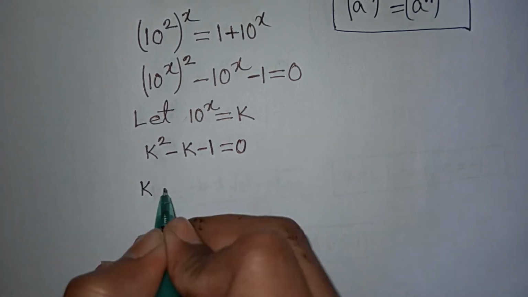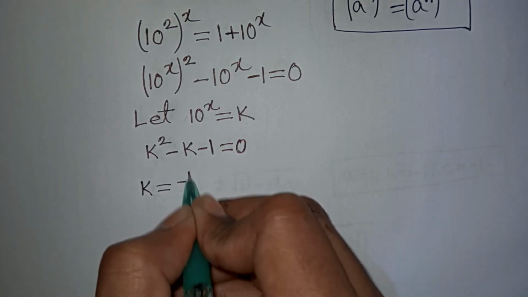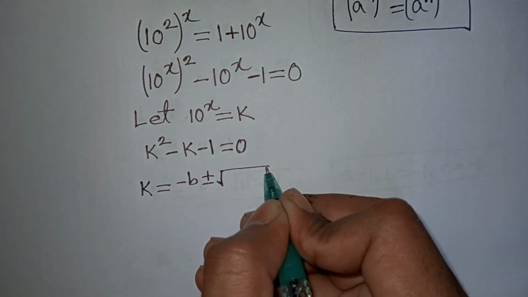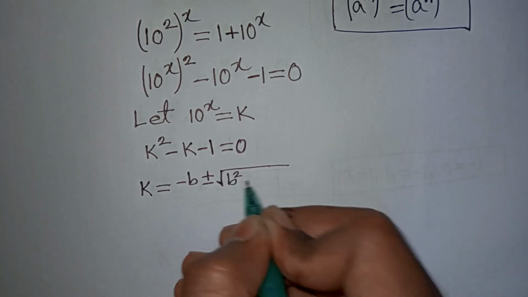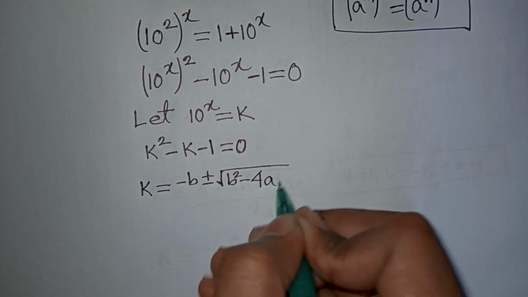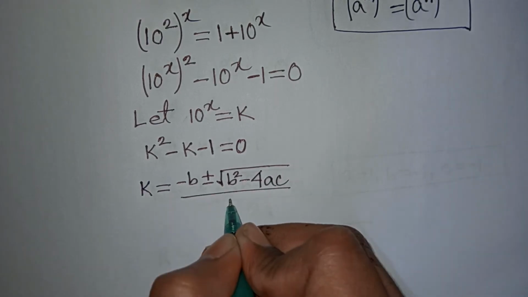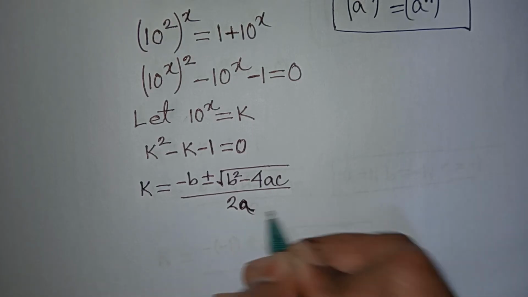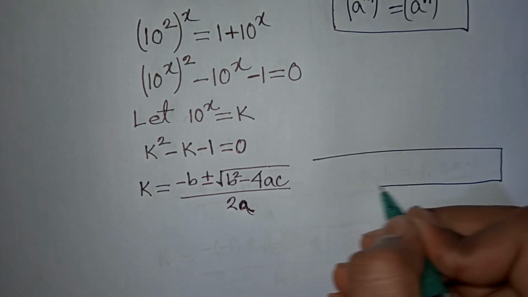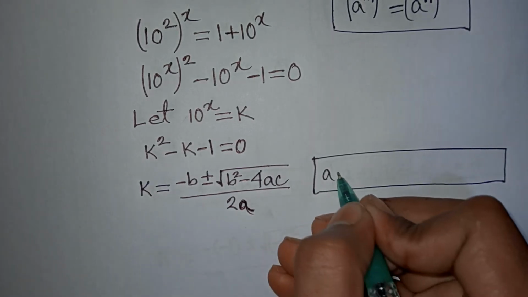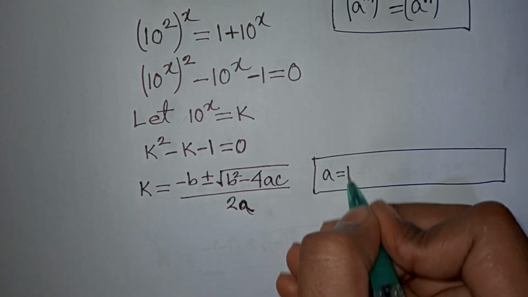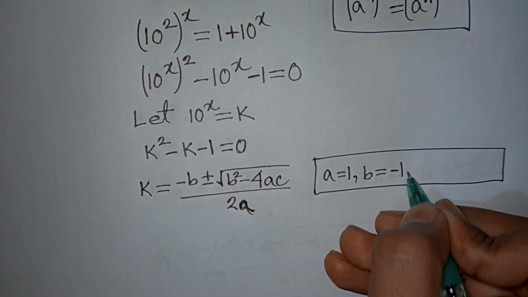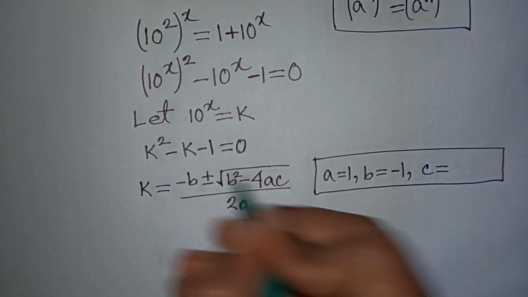So, you can write k is equal to minus b plus or minus square root of b^2 minus 4ac, divided by 2a. Here a will be equal to 1, b will be equal to minus 1, then c will be equal to minus 1.